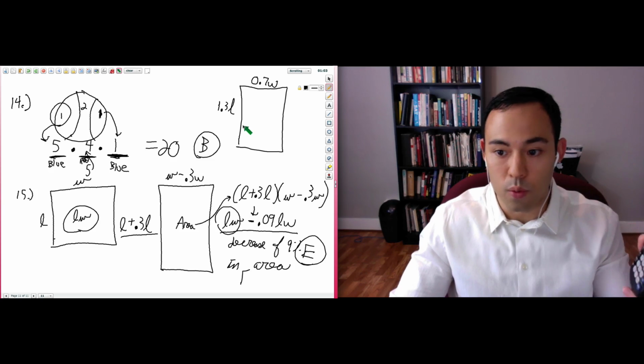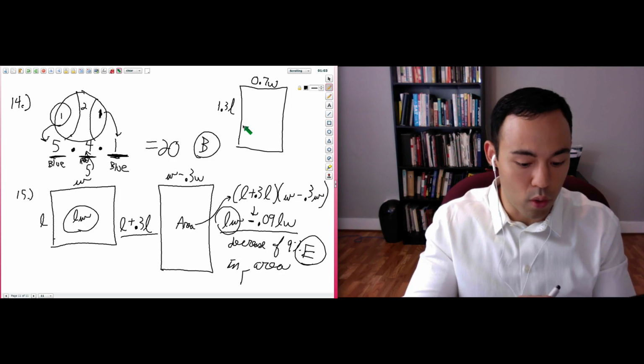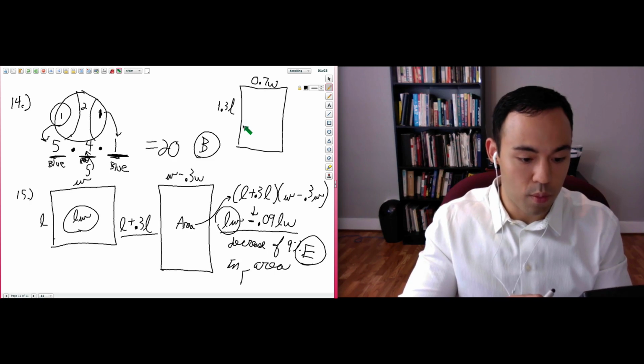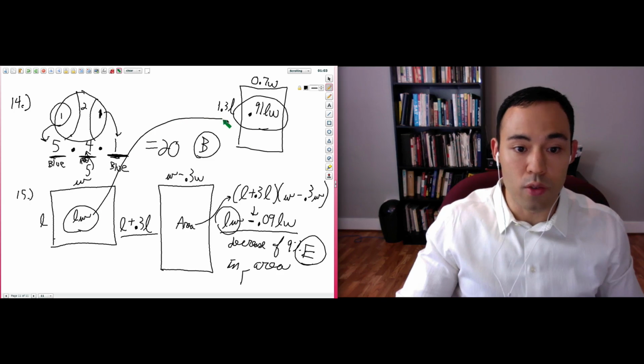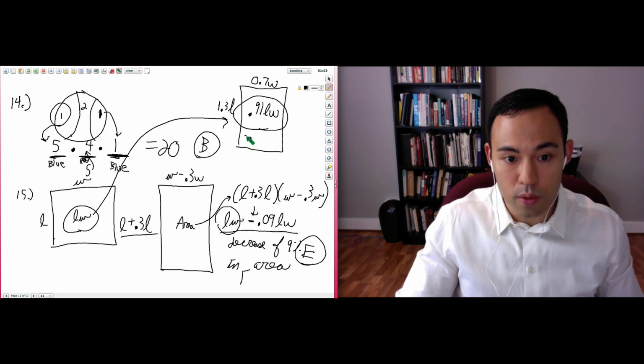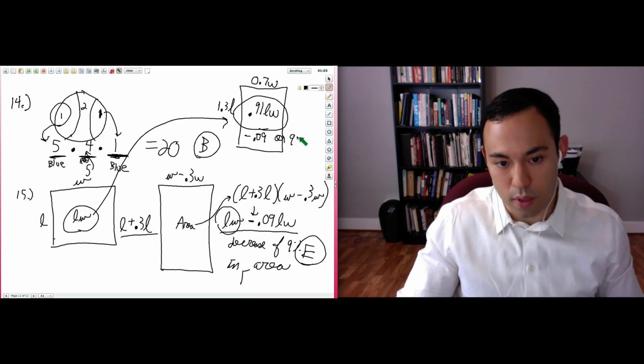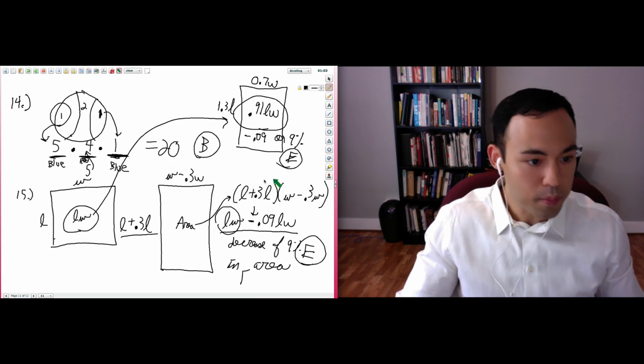So if you want, just go right to your calculator, go 1.3 times 0.7, and we got a 0.91 LW. Well, what is the change from LW to 0.91 LW? Well, it's a decrease of 0.09 or 9%, and then we can circle E.